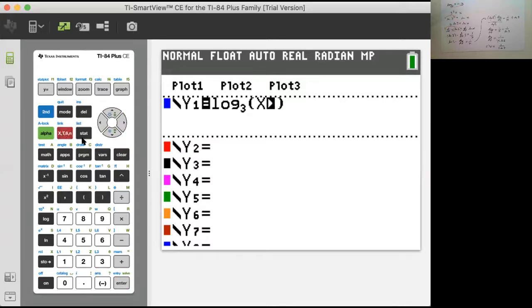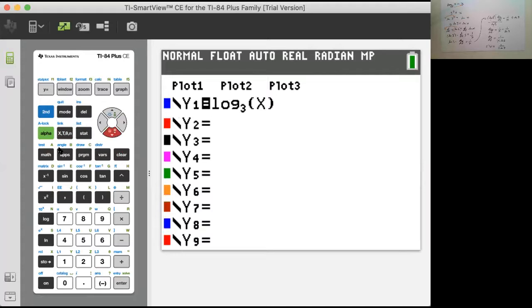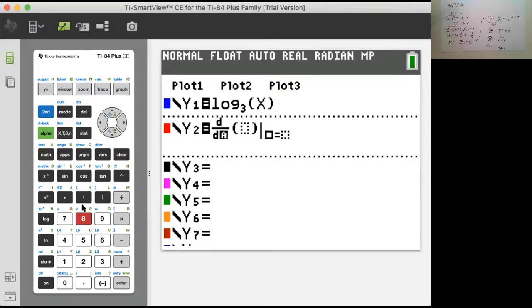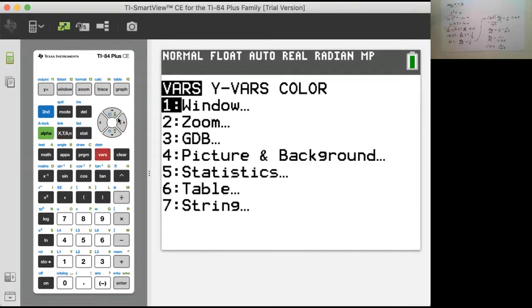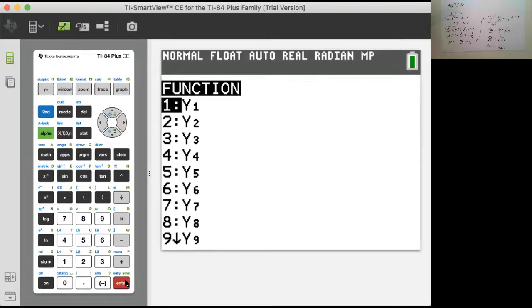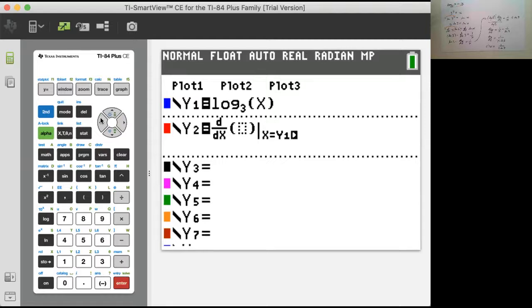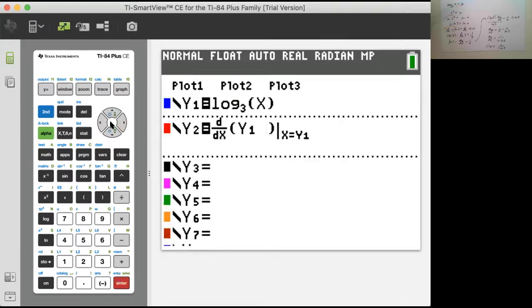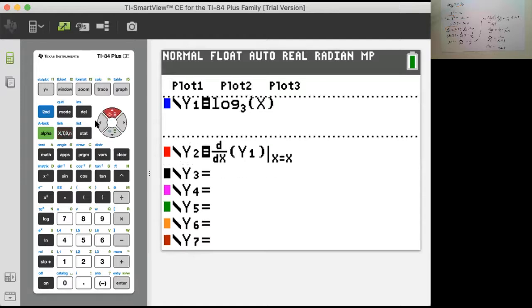And I am interested in its derivative. So we're going to go to math button again, and deriv is number 8. With respect to x of the function y1, vars, y vars, function y1 at every point x when x equals x. So the red graph will be the derivative of log base 3 of x.